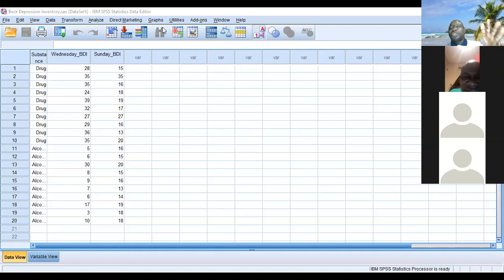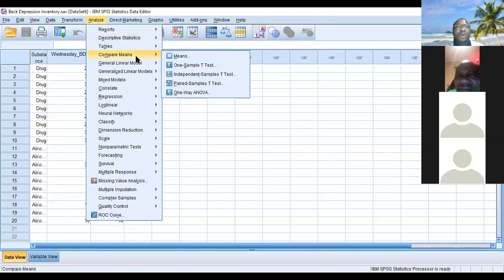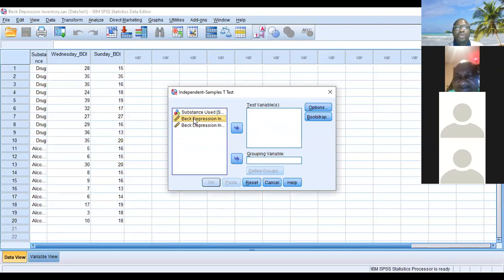Let's use the normal Student's t-test instead of parametric and non-parametric. Let's use our parametric. We go to explore, compare means, independent sample. So depression, you can put both Wednesday and Sunday.